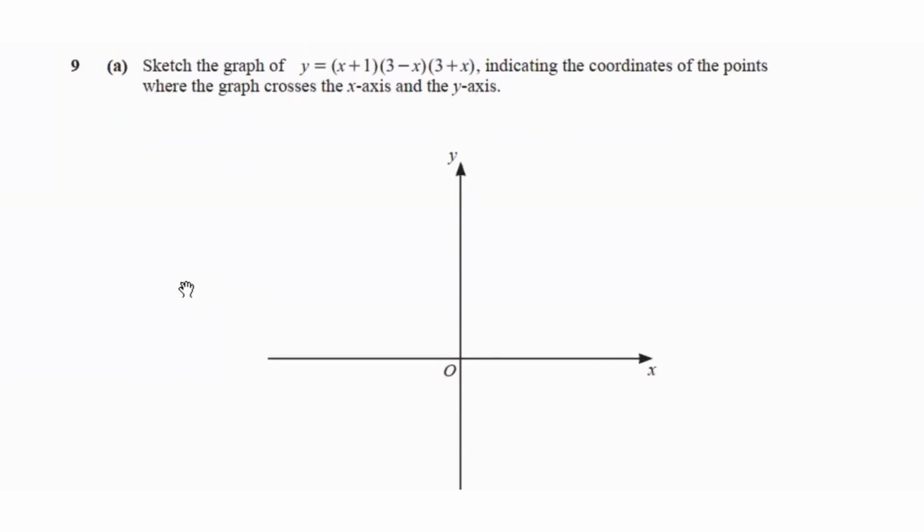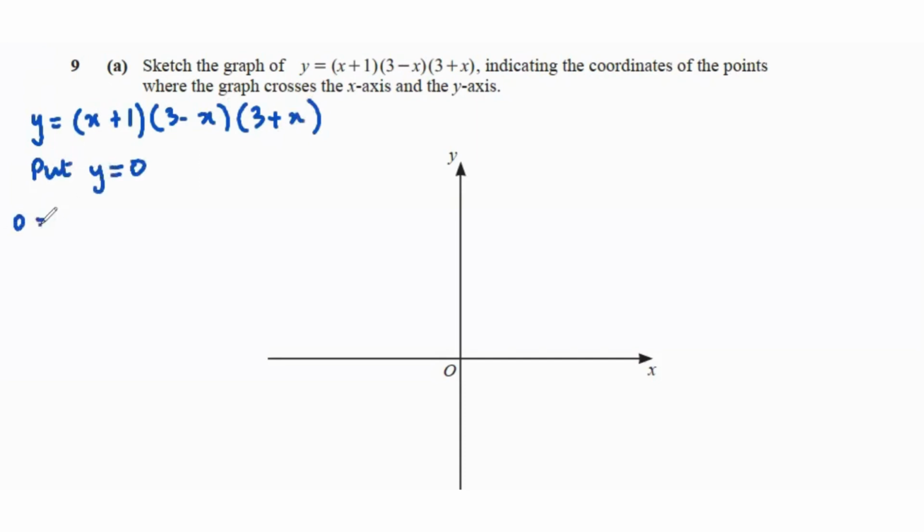Question 9 says sketch the graph of y equals x plus 1 times 3 minus x times 3 plus x, indicating the coordinates of the points where the graph crosses the x-axis and the y-axis. As you can see in this equation, they have highlighted the x-intercepts for us. What we need to do is put y equals 0 for the x-intercept.